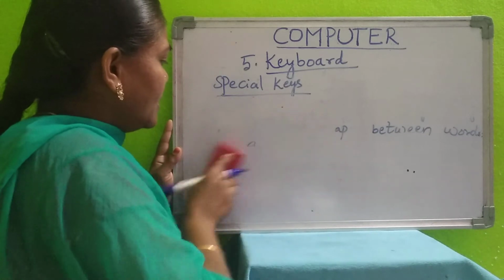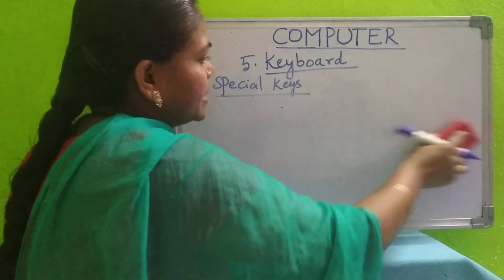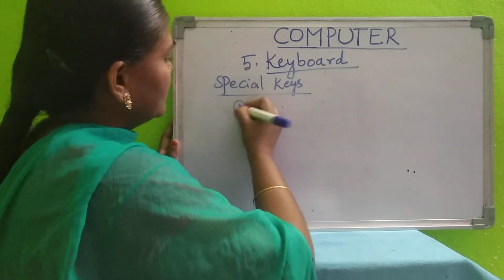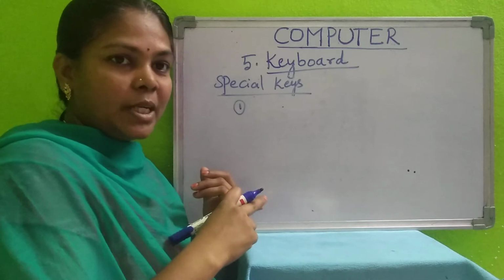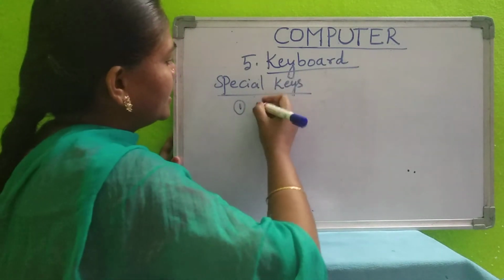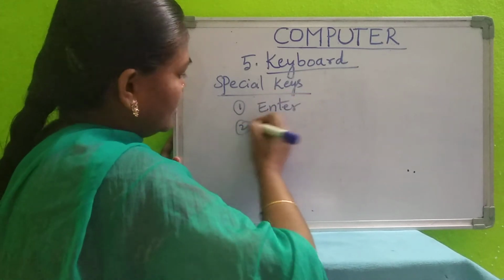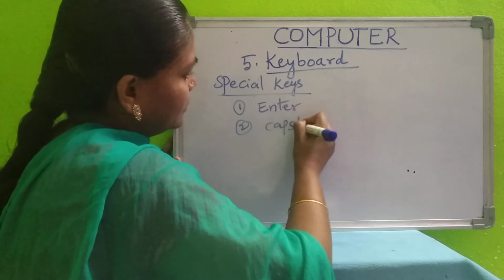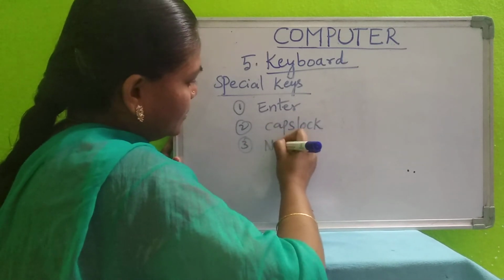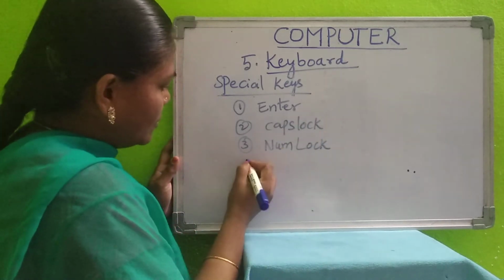So all these are the different special keys on keyboard. What are the special keys we have learned till now? First we learned alphabet keys and number keys. And what are the special keys? Special keys are enter key, caps lock key and num lock, which we learned first, to activate the number pad on the right side of the keyboard.